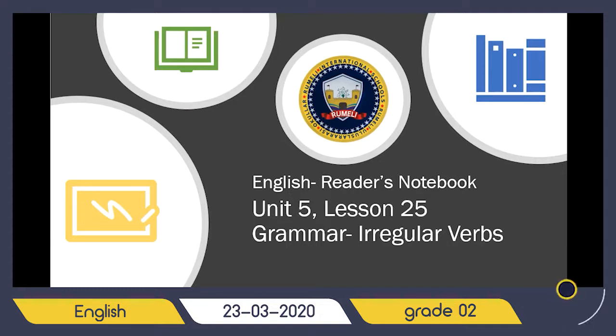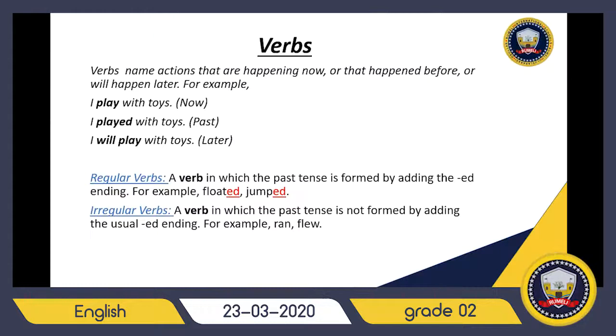So let us quickly recall, what do you mean by verb? I know all of you already know that verbs mean action words. Verbs name actions that are happening now or that happened before or will happen later. For example, I play with toys now. I played with toys.